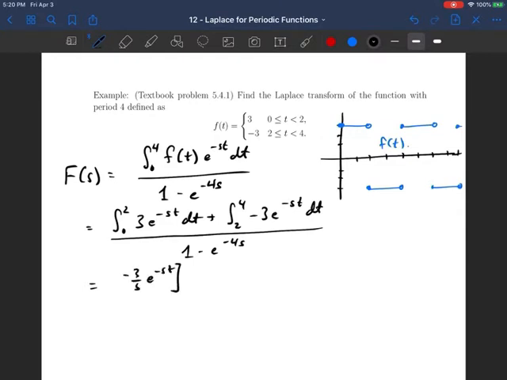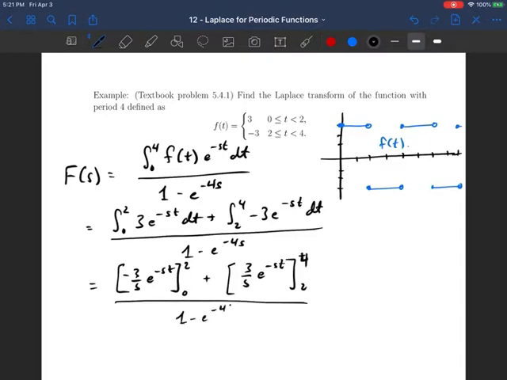All right, so what can we do from there? Well, we can take our antiderivative, so we're going to get minus 3 over s e to the minus st from 0 to 2, plus, and here we'll get 3 over s e to the minus st from 2 to 4. And that's over 1 minus e to the minus 4s. All right, so plugging in, let's see what we get.